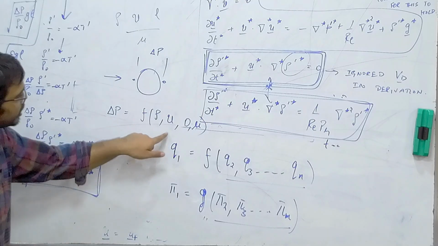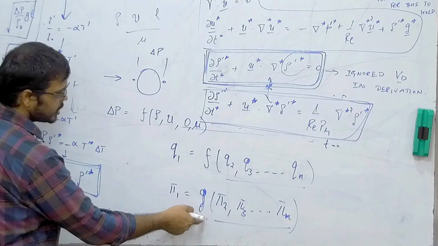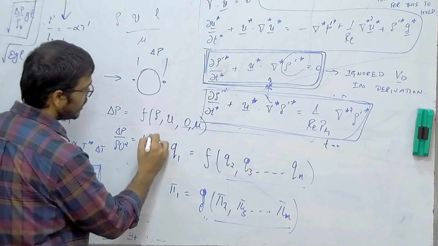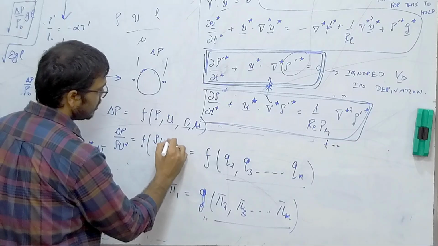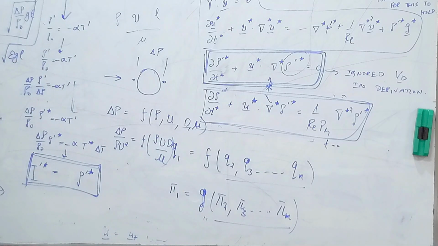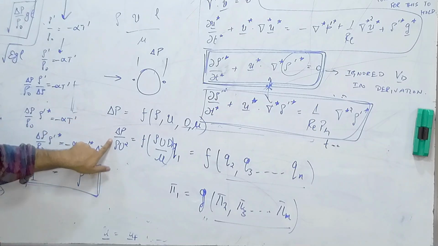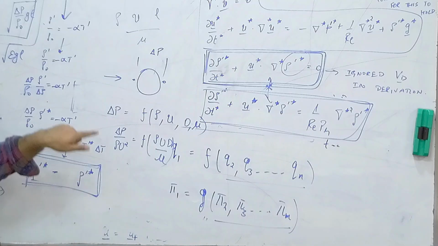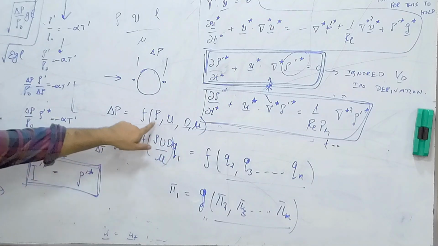and when you do the non-dimensionalization or this pi grouping, you will find that essentially what I am trying to say is this, that the dimensionless drag on the sphere is a function of this dimensionless number.